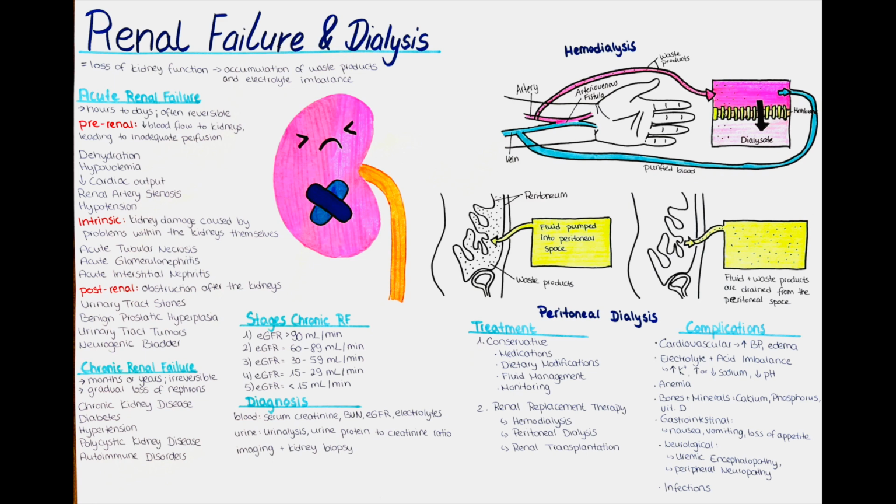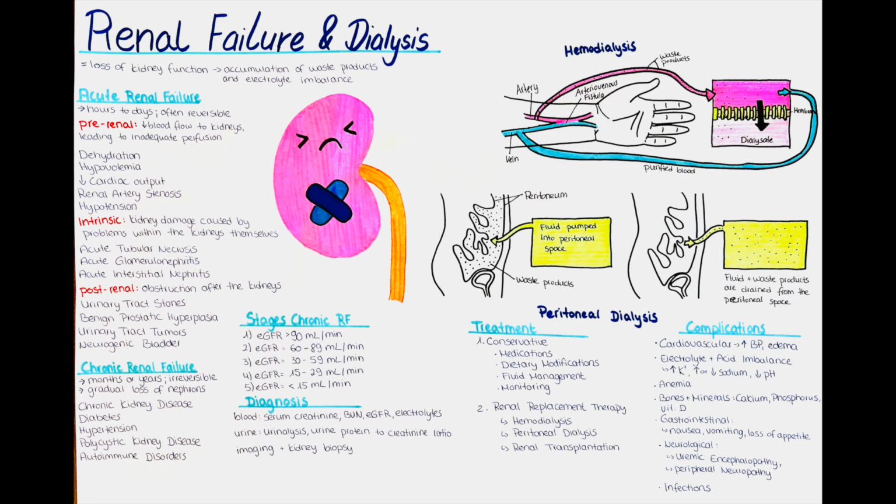Typically, in this stage, the glomerular filtration rate is over 90 ml per minute. In stage 2, there is a mild to moderate reduction of the glomerular filtration rate. In this stage, the glomerular filtration rate is typically between 60 and 89 ml per minute.